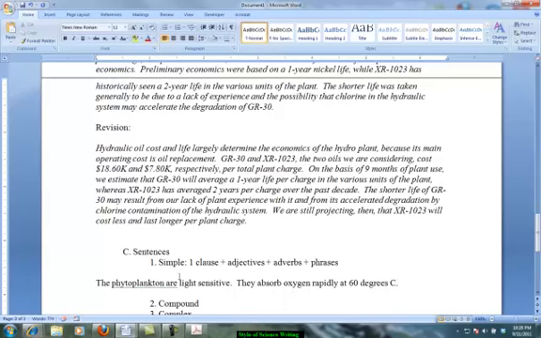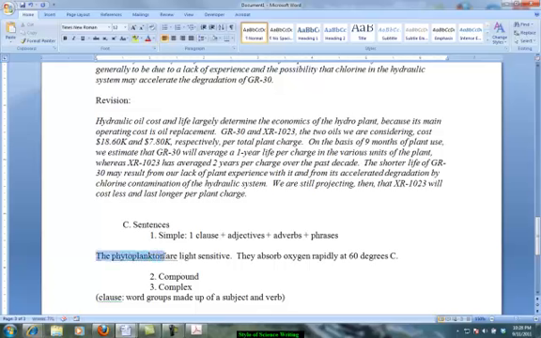Simple sentences. We have our clause, the phytoplankton subject, are, verb, light sensitive. They, subject, absorb, verb, oxygen rapidly. We have our direct object, adverb, prepositional phrase, right down there at the end. Simple sentence. Yes, usually simple sentences are short.